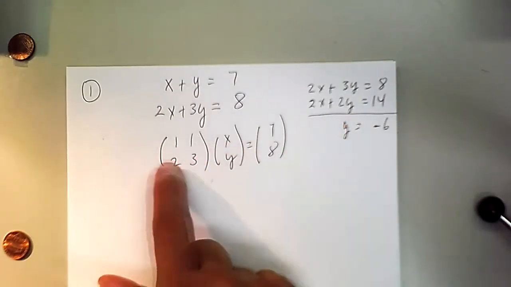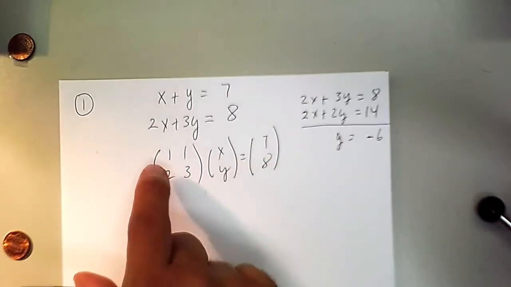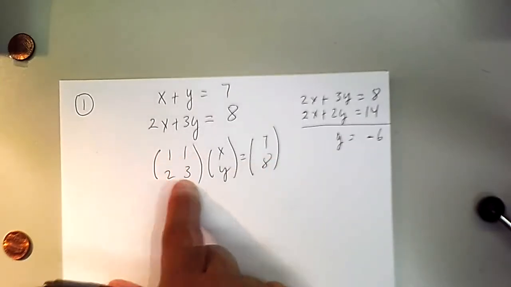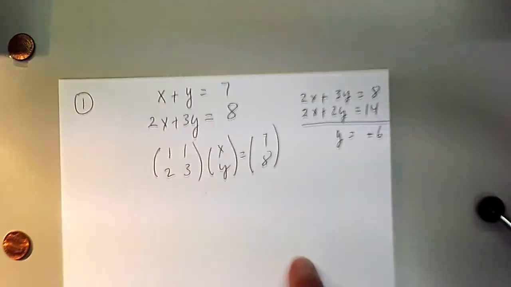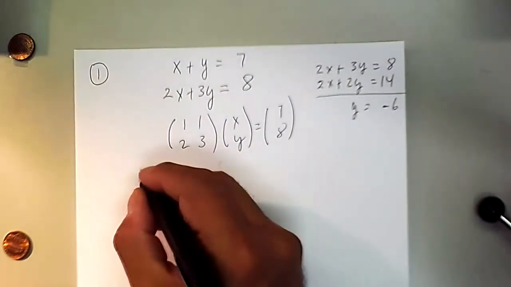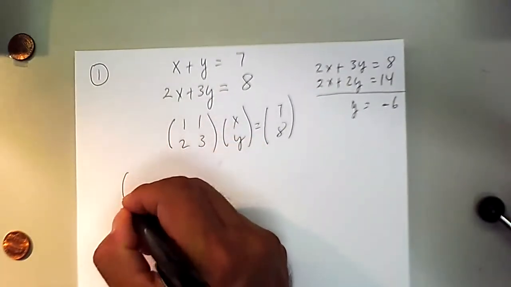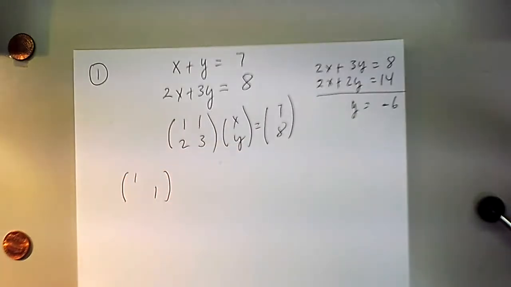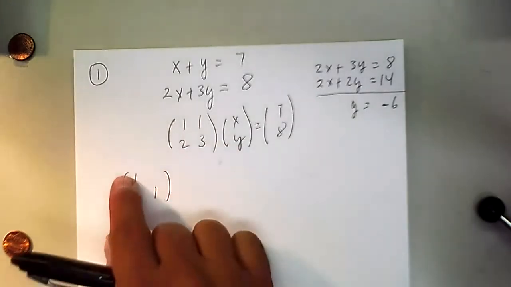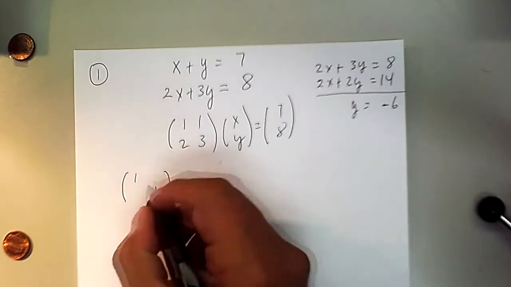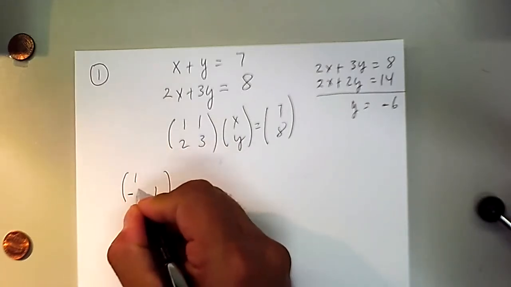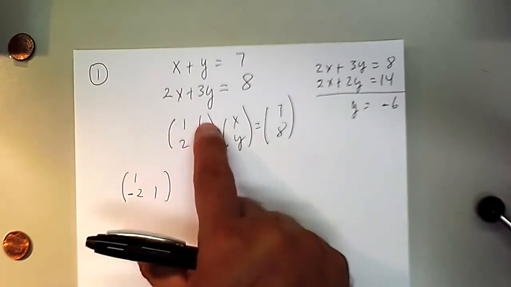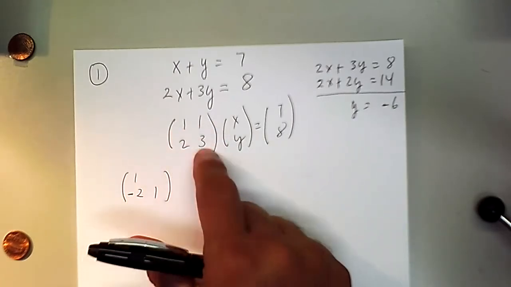Instead of doing that, we want to be able to subtract twice the first row from the second row. So I'm going to tell you what matrix to use. Start out with a main diagonal of ones, just like the identity. But we're going to take away 2 of the first row from the second row.